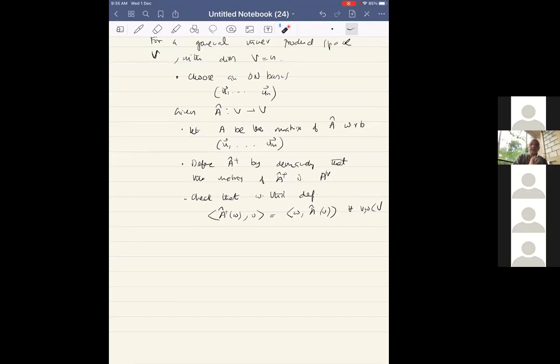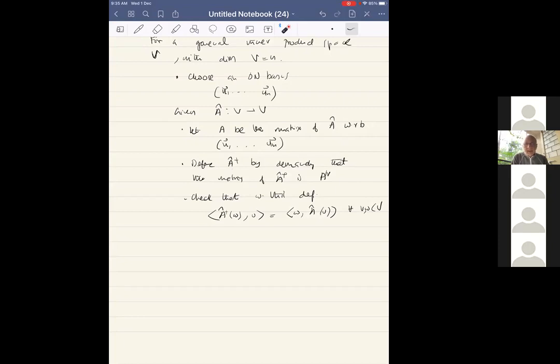This is linear in the sense that if you take two linear maps A and B, the adjoint of A plus B is A adjoint plus B adjoint. If I take A and multiply it by a scalar lambda, the adjoint of lambda times A is lambda times the adjoint of A. And if I take the adjoint twice, I get back the original linear map.